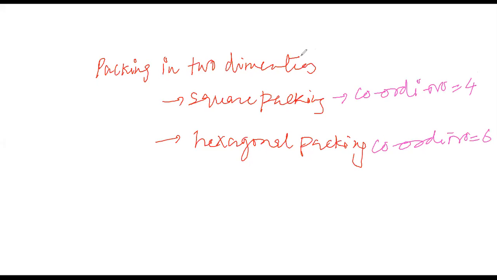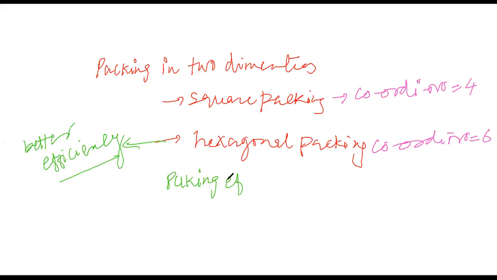So we came to a conclusion that this packing, hexagonal close packing, has a better efficiency. So actually we are trying to tell it has got better packing efficiency. This efficiency, what we were talking about, is packing efficiency.